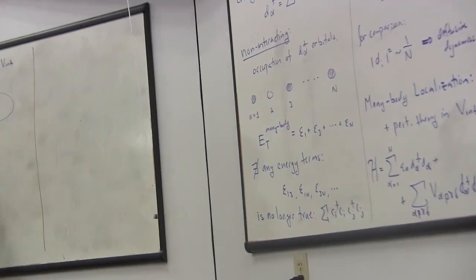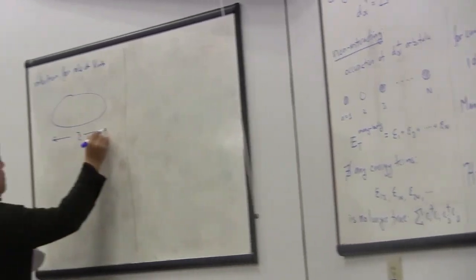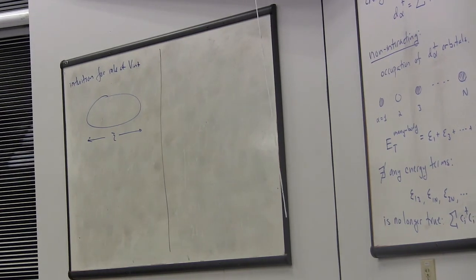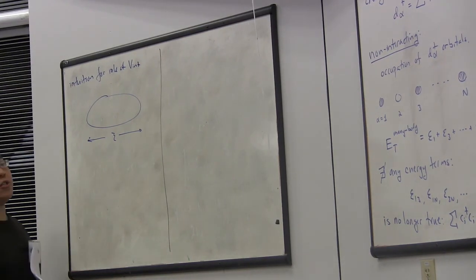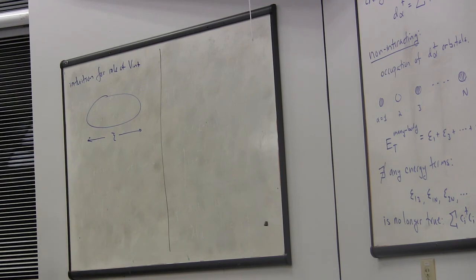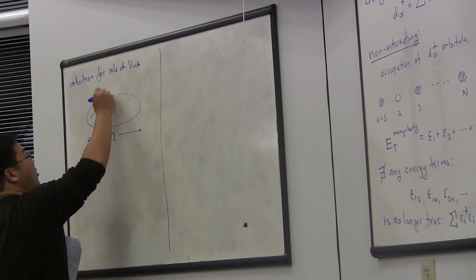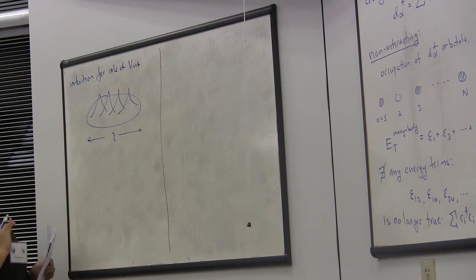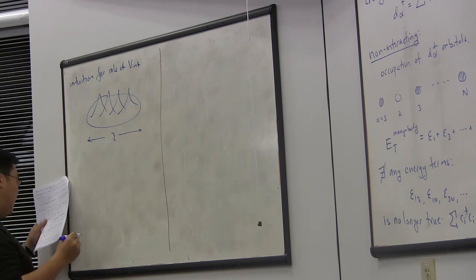So let's start by thinking about some length scale in the problem that's of order the localization length, and ask ourselves, how do we understand transport being generated intuitively by this interaction within this length scale? We can imagine that there's exponentially localized orbitals, and each of these orbitals is localized over some length scale xc, the localization length.